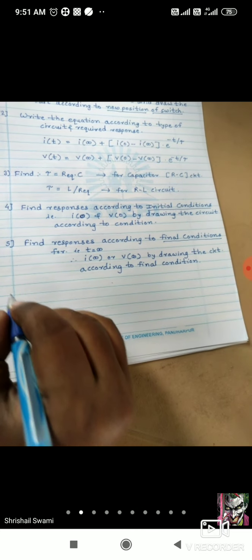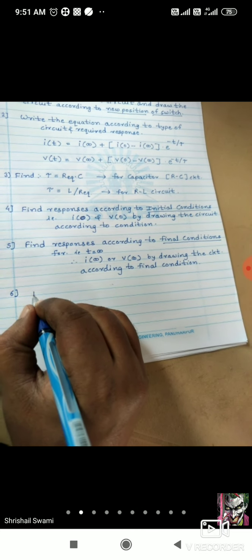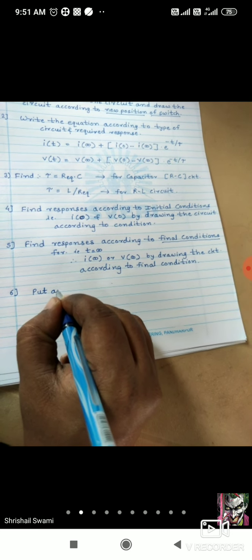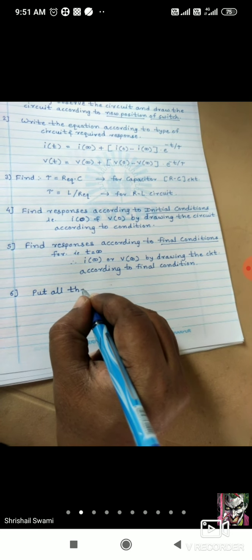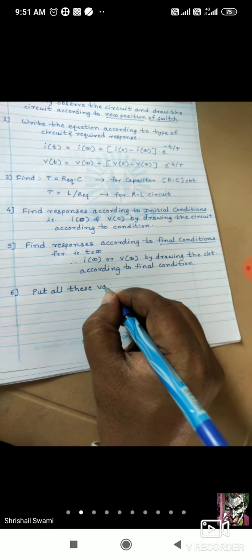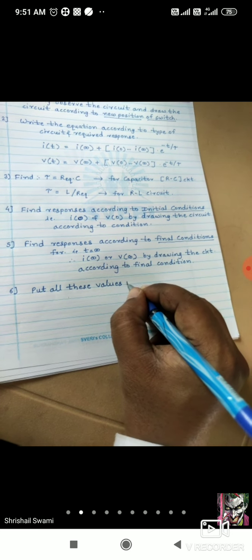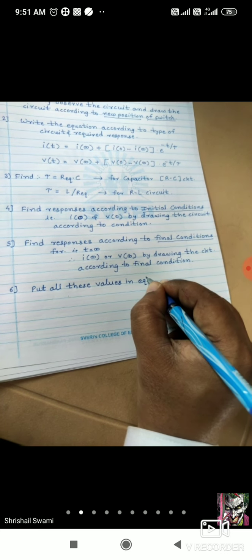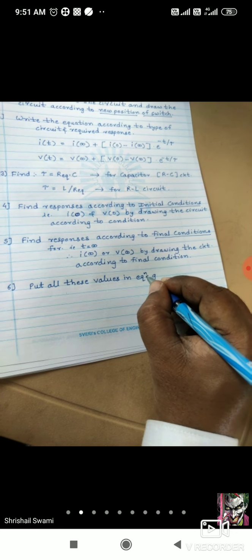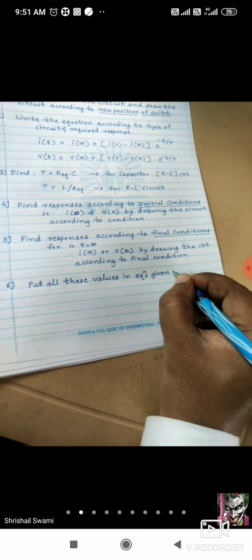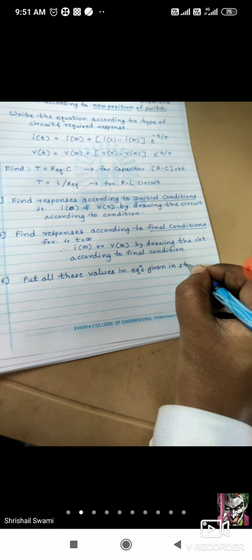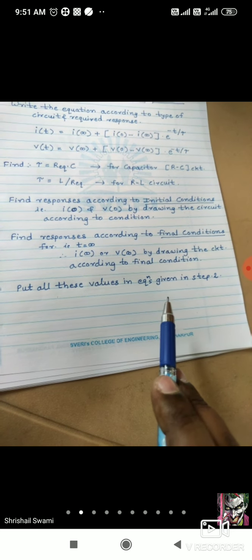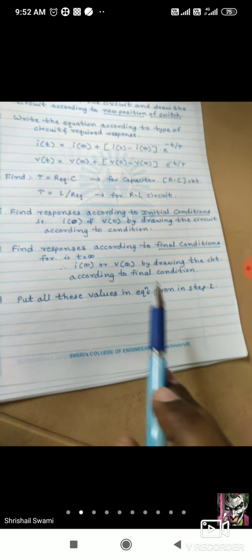Now the next, sixth step, that will be the last step. Put all these values in the equations given in step 2.